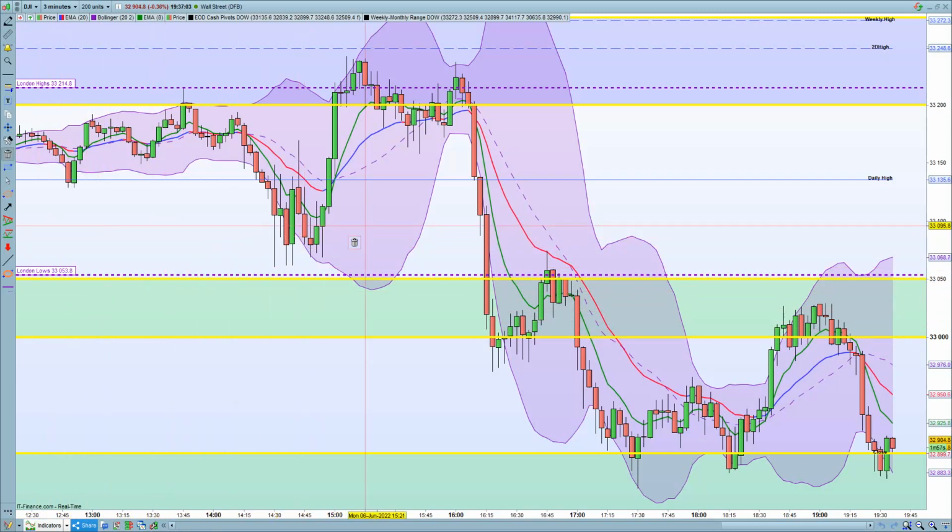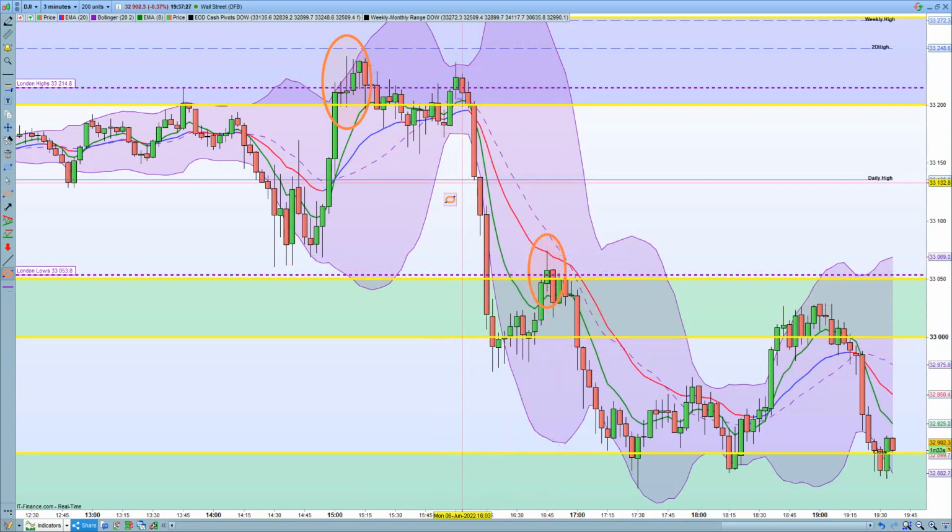Okay, so as you can see on the Dow today, the Dow's behaved much better than the S&P. We've got a nice reversal pattern here on the Dow from that 33,200 to 33,275 zone. It did take a little bit of time, and then we got this really strong impulsive push down. We didn't quite get the acceptance below the 33,000 level here. If we had got some acceptance below here, then this would have been a really nice continuation pattern.